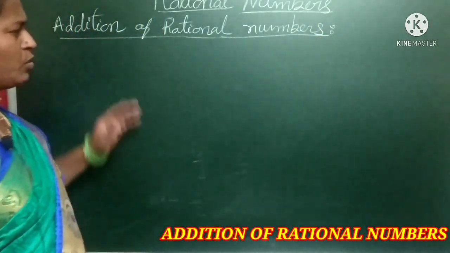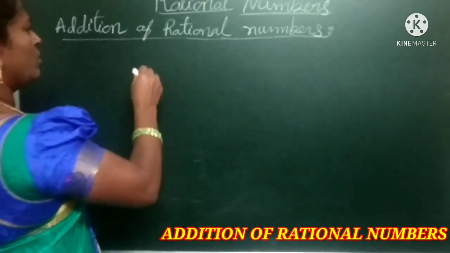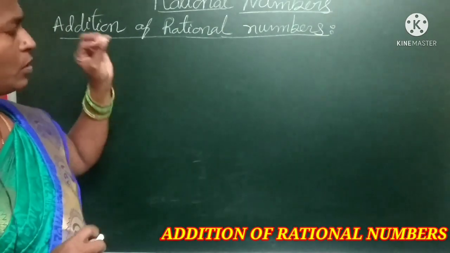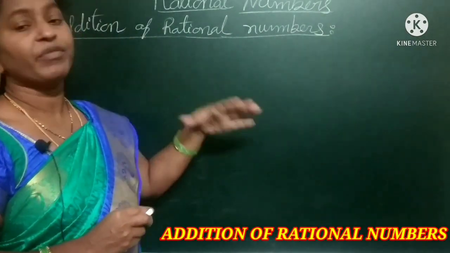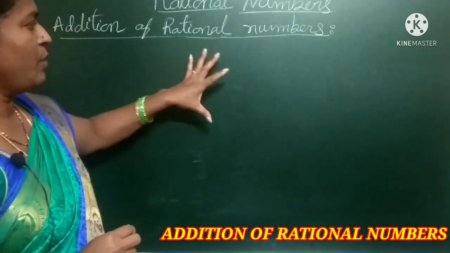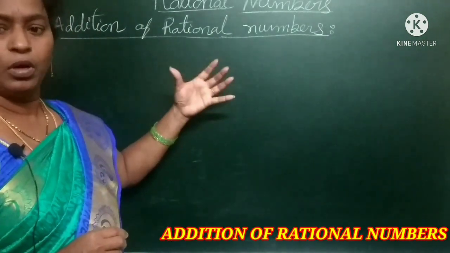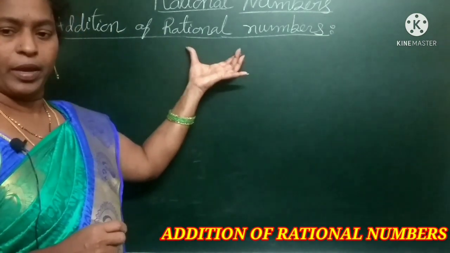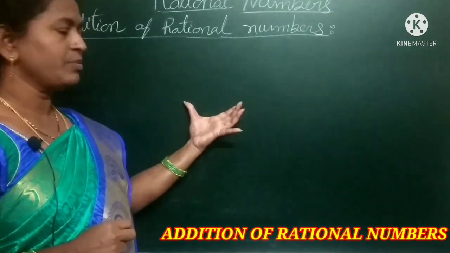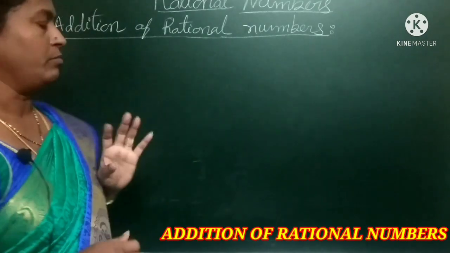See, two types you are observing. Type 1, rational numbers having the same denominator, and type 2, different denominators. Same denominator means we have to directly add their numerators. But different denominators means find their LCM.